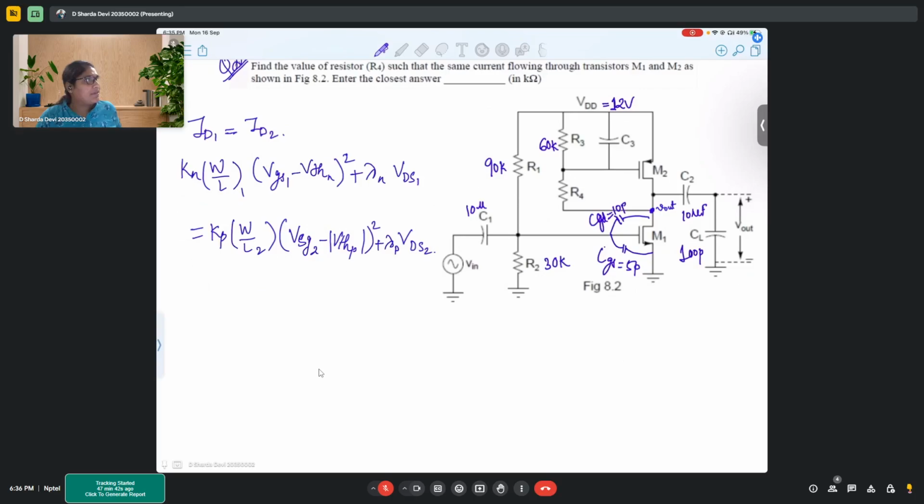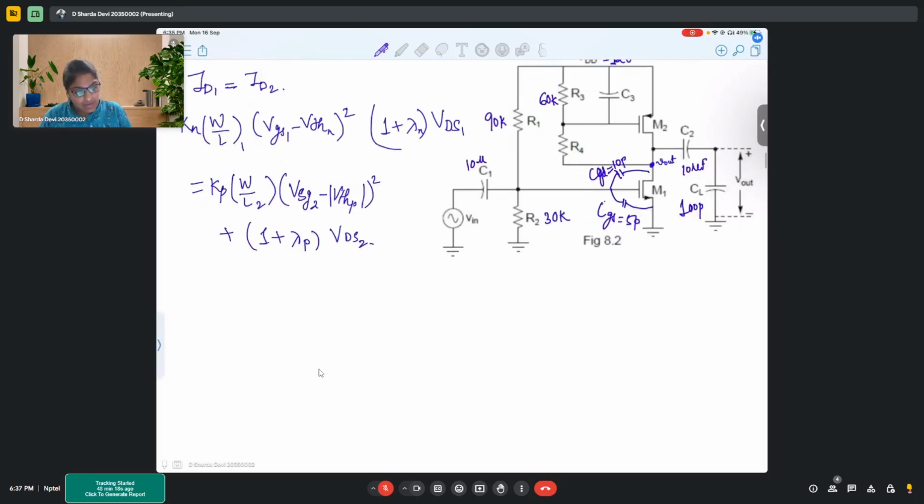Okay, so maybe 1 plus lambda n VDS1. Let's write it in a more familiar way, plus lambda p VDS2, right?